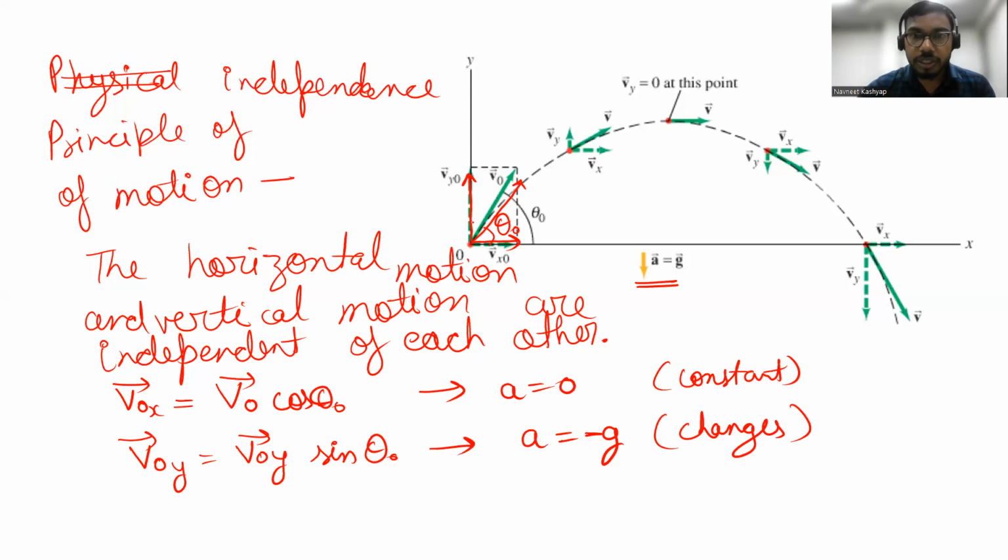Because the initial velocity is in upward direction, this negative acceleration will reduce this initial velocity until eventually it reaches a point where it becomes zero, which is shown here. At the topmost point, the vertical velocity has become zero. After this, the velocity will change in the negative direction. But at every point, the x component remains the same.